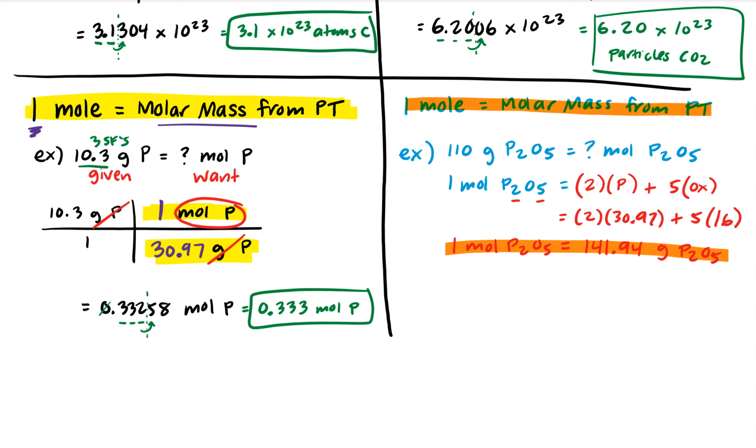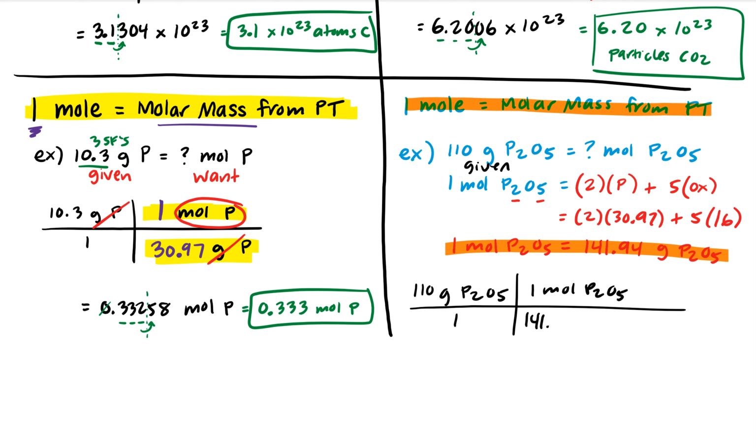So for our work, we're going to take our given, the 110 grams of diphosphorus pentoxide, and use 1 mole of diphosphorus pentoxide equals 141.94 grams of diphosphorus pentoxide, using that conversion factor from above.